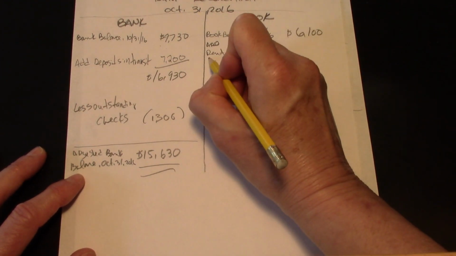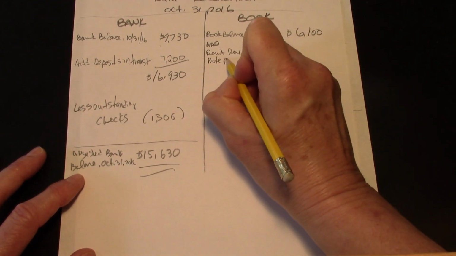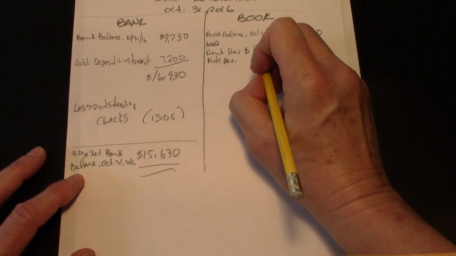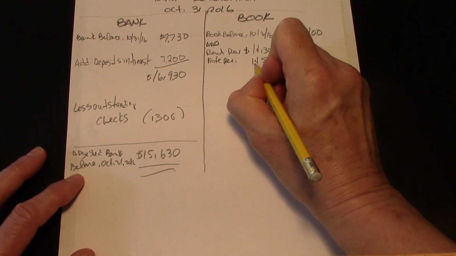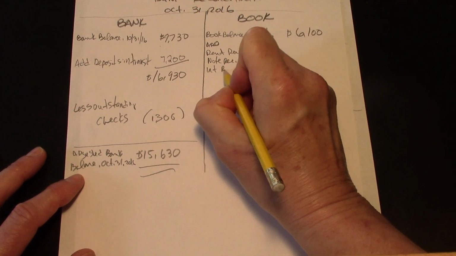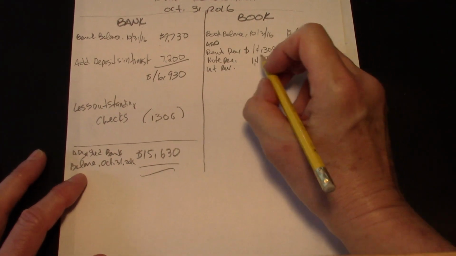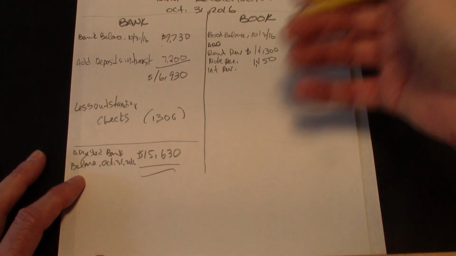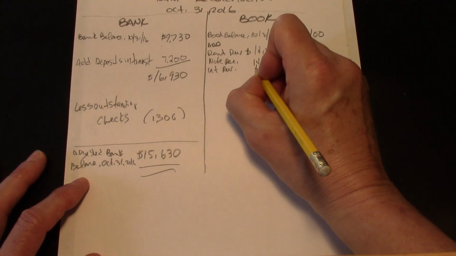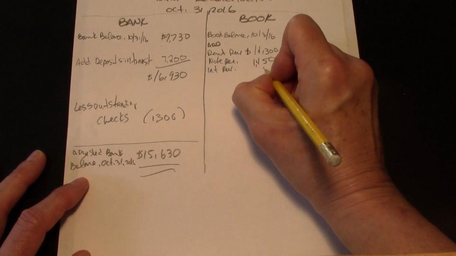So we're going to call that note receivable 1,450, and interest revenue. I suppose it could be interest receivable too, depends on if you already put it on the books, but we don't have it on our books, we don't know, so interest revenue is what it's going to be, 50.